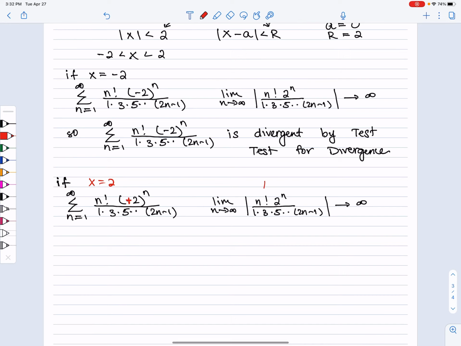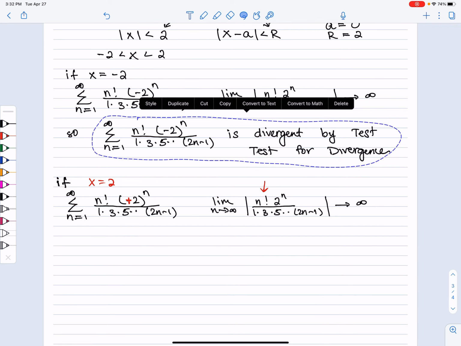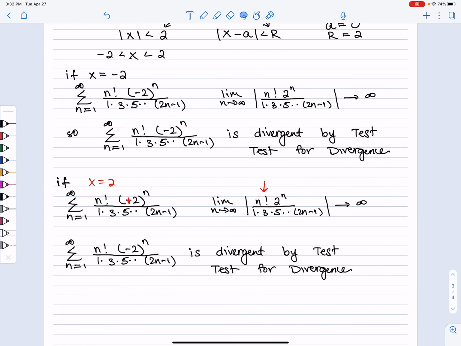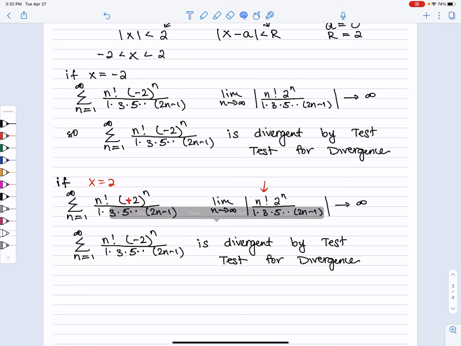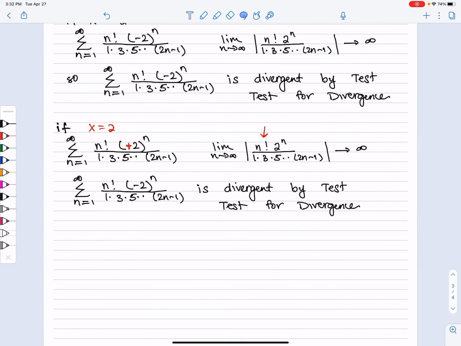And then when you take the limit of your c sub n, that is still going to infinity. So we can say that the series will also diverge by the test for divergence. It doesn't always have to be a test for divergence. You can use any of the other tests when you're checking the endpoints, okay? So it just happens to be that the two examples I did use the test for divergence.